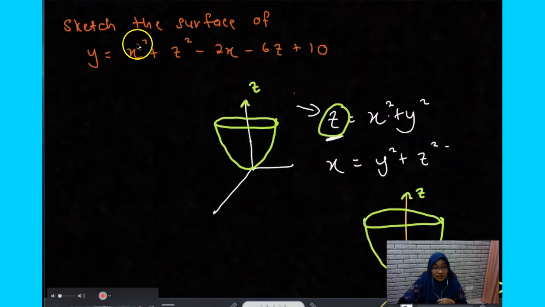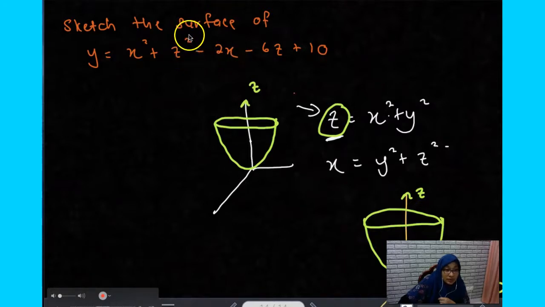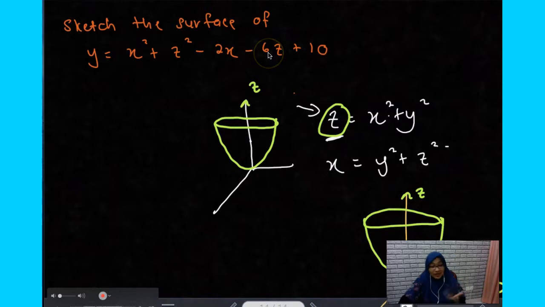This is considered as a quadratic equation in terms of x and z, because you have the quadratic expression for x squared. You have x squared minus 2x. And you have the quadratic expression for z. You have z squared minus 6z. So it looks like you have to simplify the form.